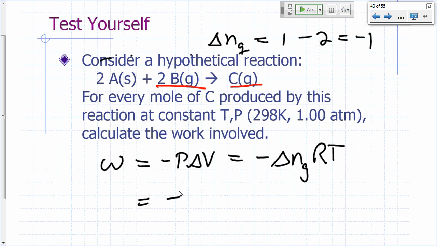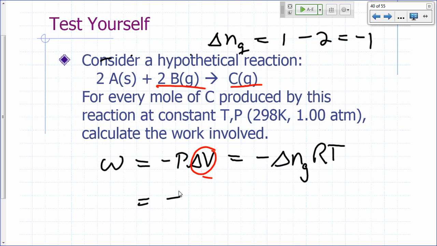So will this system be shrinking or expanding? It's going to be shrinking. Delta N gas is negative, so your delta V is negative, so your work is going to be positive.